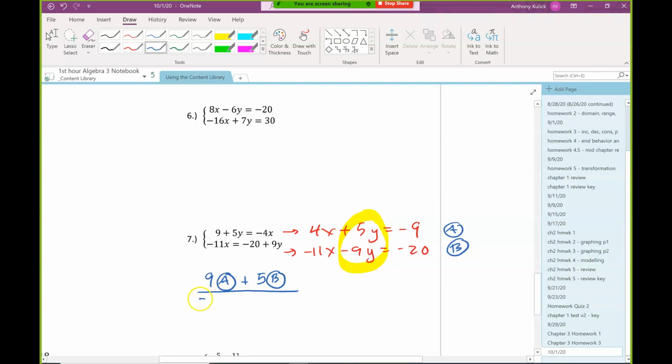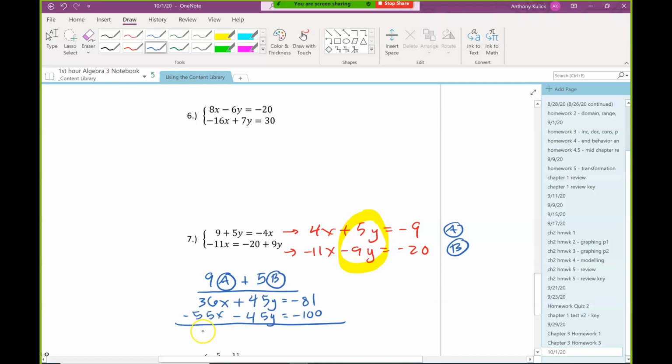So if I do that, 9 times 4 is 36, 9 times 5 is 45, and 9 times 9 is 81. And then 5 times 11 is 55, 5 times 9 is 45, and 5 times 20 is 100.